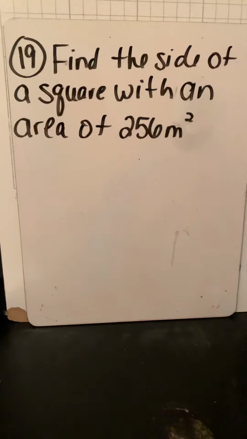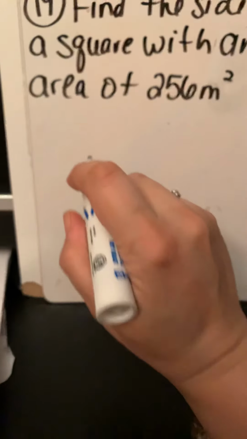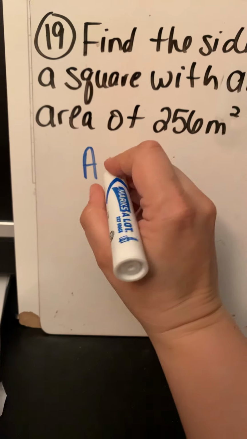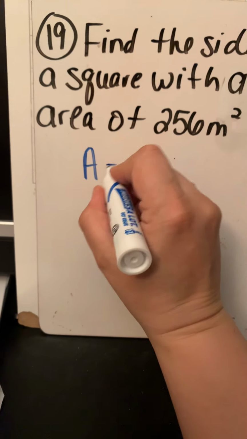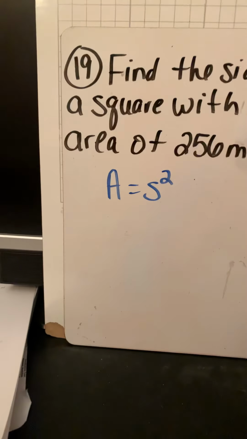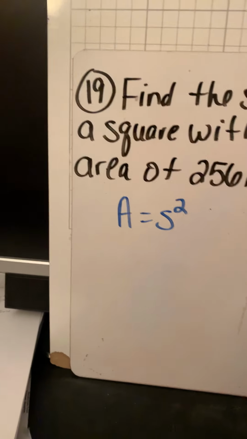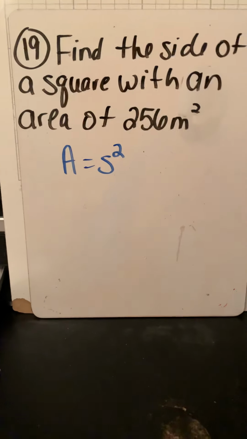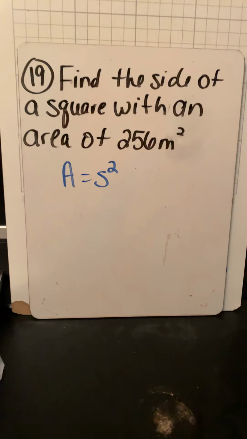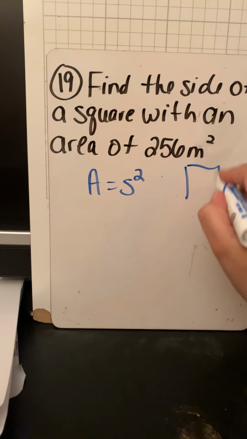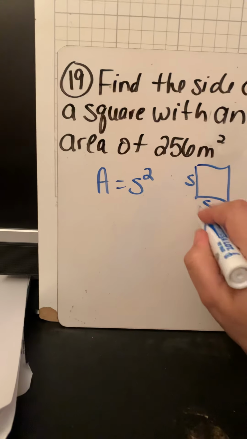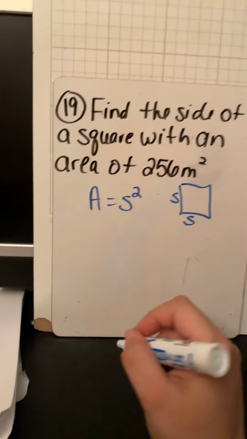So, my equation of this would be area equals s squared. Whenever you have a square, that is your formula. Area equals s squared. Because when you have a square, it is side times side. Well, what's side times side? Side squared.